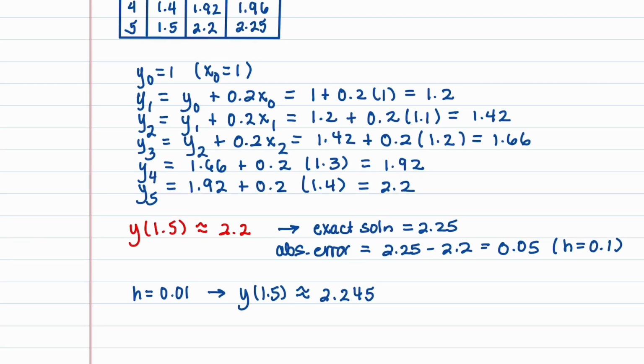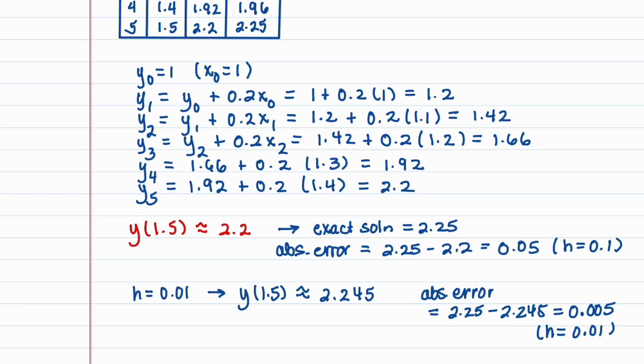The absolute error for this one would be 2.25 minus 2.245, which is equal to 0.005. And let's just mark this is h is equal to 0.01. You can see from this that if you use a smaller step size, your error is going to be much smaller.